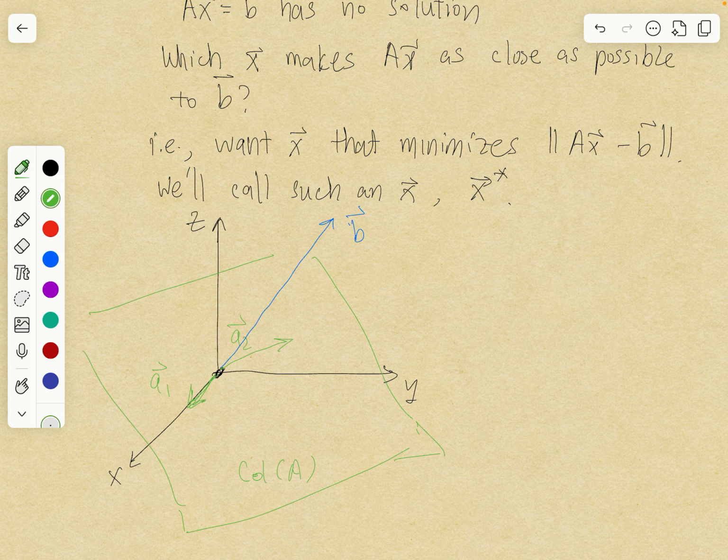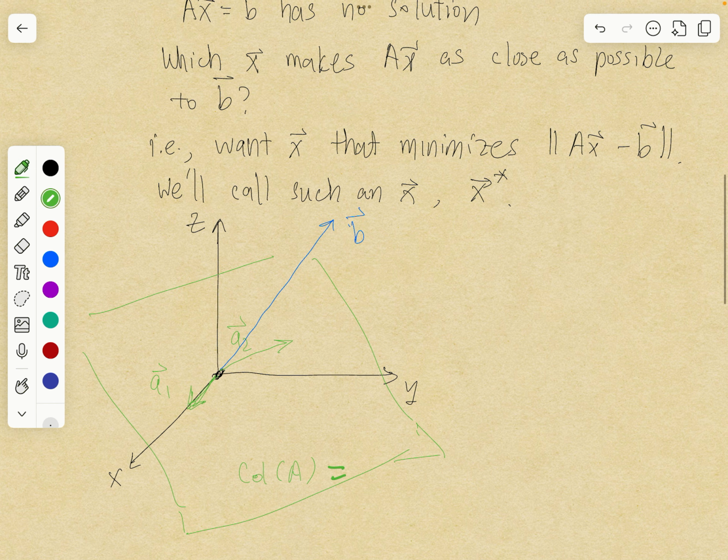So let's just remind ourselves that the column space of A is the span of a1 and a2.